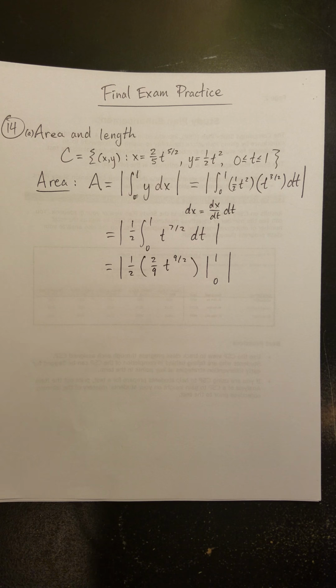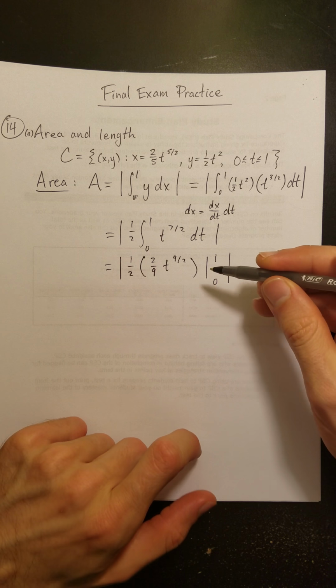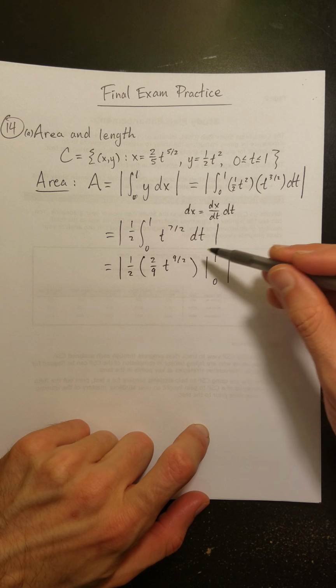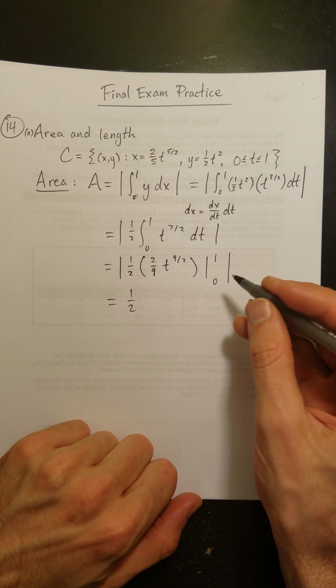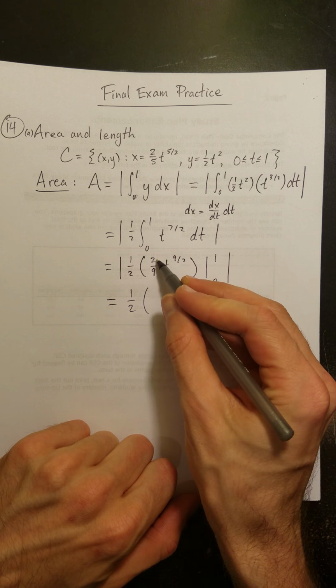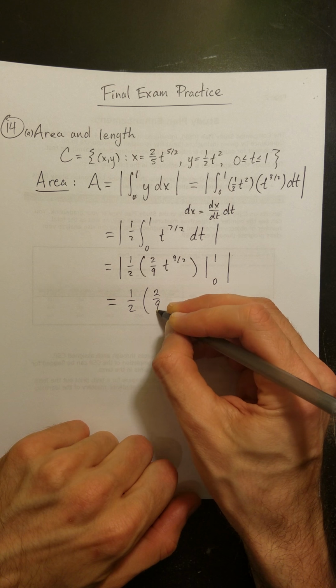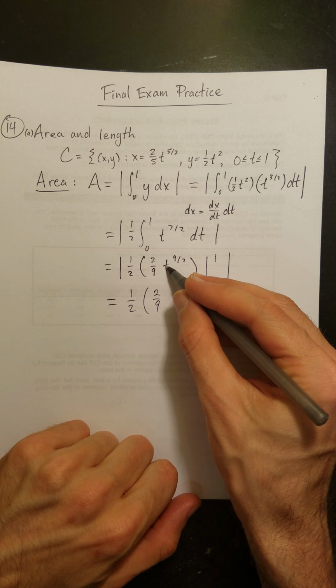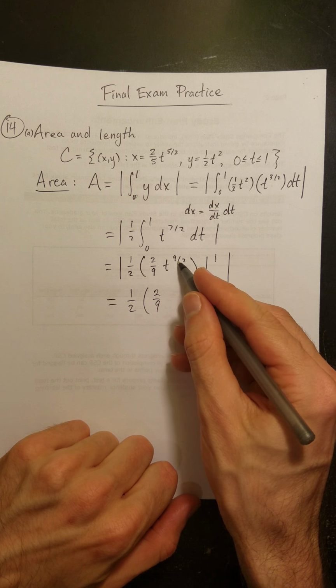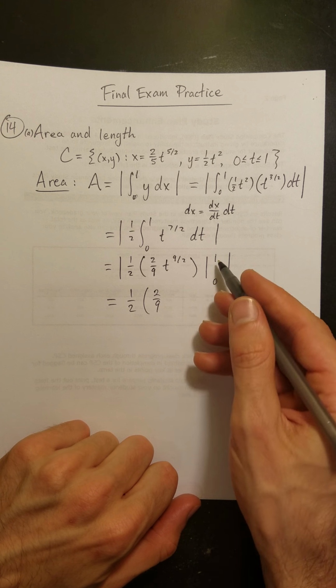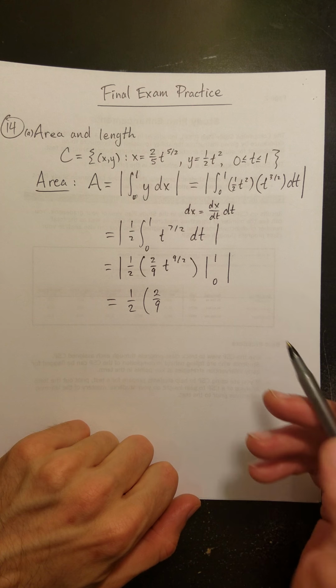And then I'm taking absolute values, but you probably see at this point that I actually do not need these absolute values. But either way, I'll write this out. I have 1/2 times 2/9. And then I evaluate at t equals 1, so 1 to the power 9/2, either way, 1 to any power is just 1.